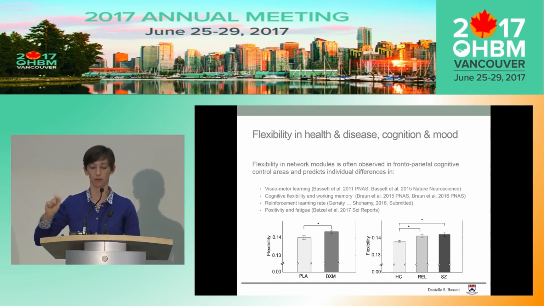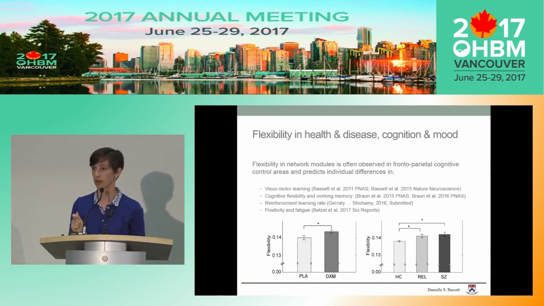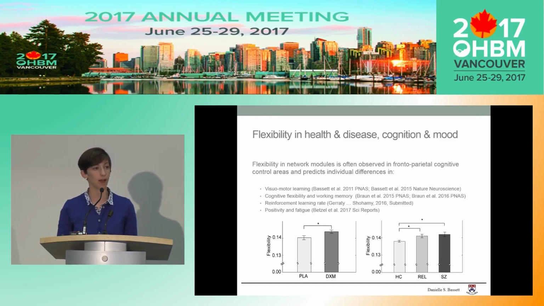And we found that changes in flexibility were correlated with individual differences in learning over that extended period of time. We also showed that if you measure flexibility during N-back performance, it's positively correlated with N-back accuracy, and it's also correlated with cognitive flexibility as measured by a Trails B score, suggesting that it might actually be more related to higher order executive functions rather than learning specifically.